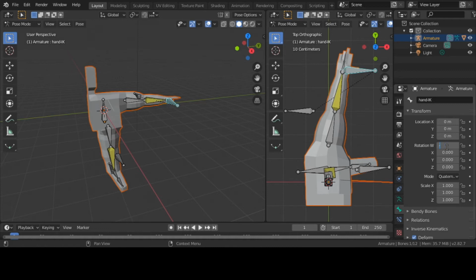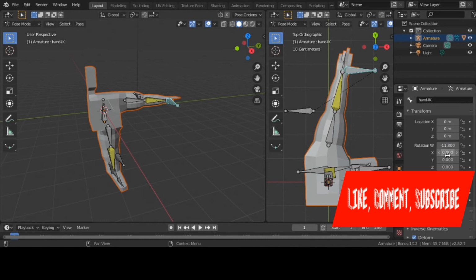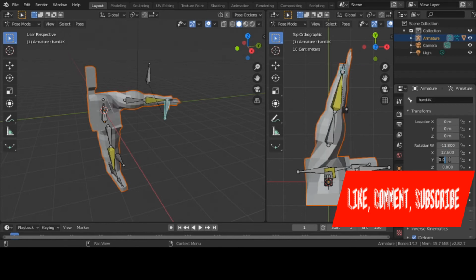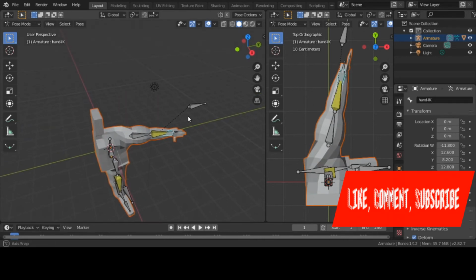I had -11.8 for X, I had 12.6. For Y, I had 8.2. And for Z, earlier I had 3.8. Alright, now let's see what happened.